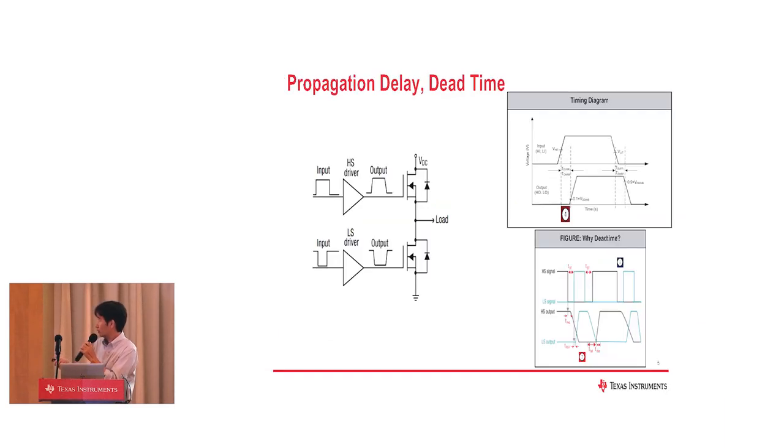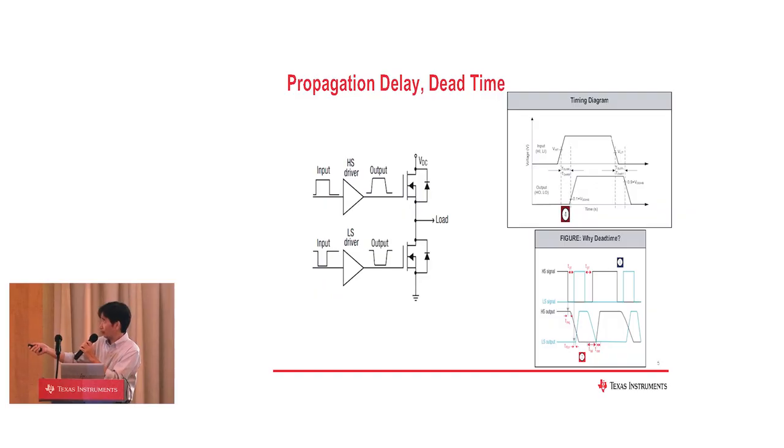Okay, next is about some features of the gate driver. Due to the nature of the application, we usually see the power MOSFET in the half bridge or full bridge configuration, and due to this configuration, the gate driver needs to have some features that support the switching control.